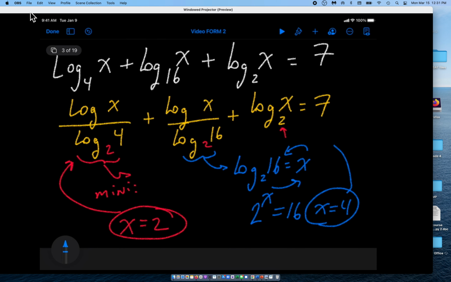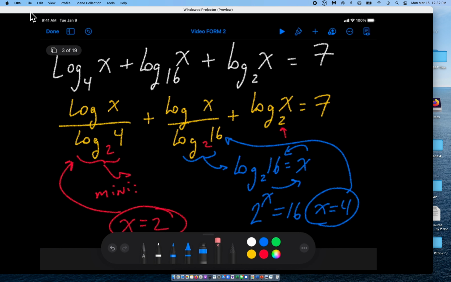So now I'm going to take this and substitute it where you see there. Okay, so let's make this a little neater. Let's erase this and replace this with 2. And let's erase this and replace that with 4.